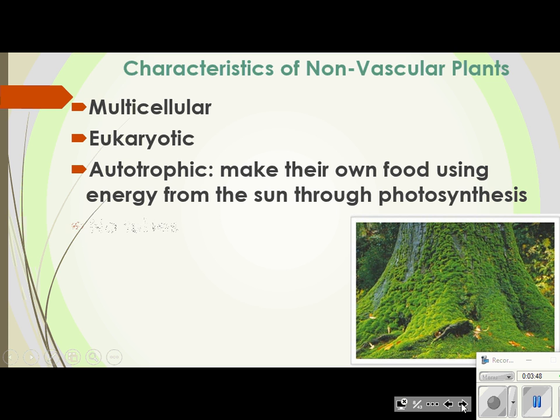Now, they do not have tubes. And remember, like Fletcher said earlier, when we're talking about tubes, we're talking about those transport systems. The xylem, the phloem. Okay? So, they have no roots, no stems, no leaves.